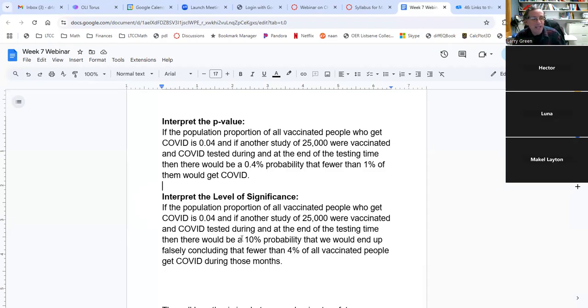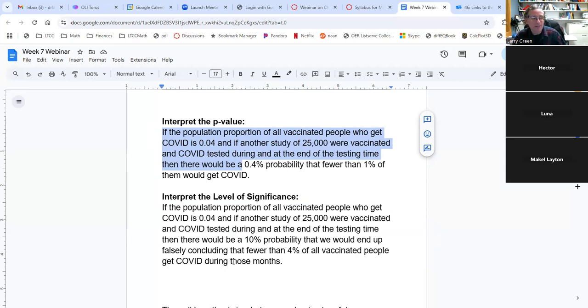then there would be... I just want to note, what I just read for interpreting the level of significance is exactly the same as the start of interpreting the p-value. So the great thing about being an online student is that you have a computer, you can copy and paste your interpretation of the p-value to the interpretation of level of significance for the first part.